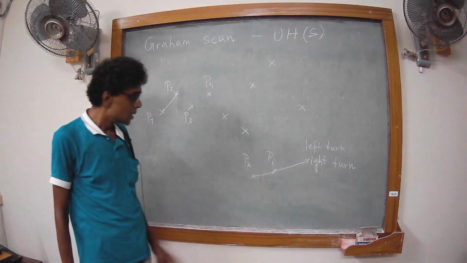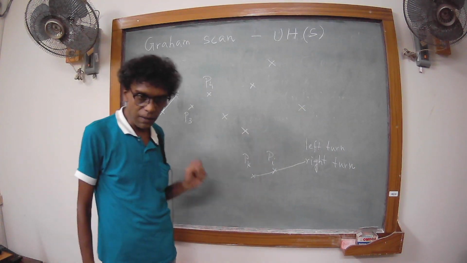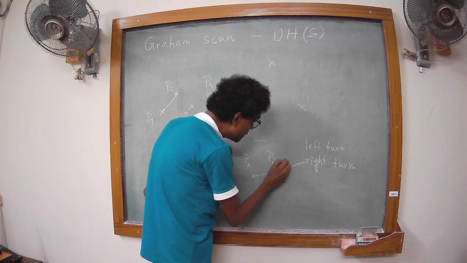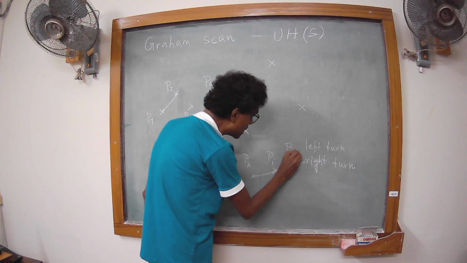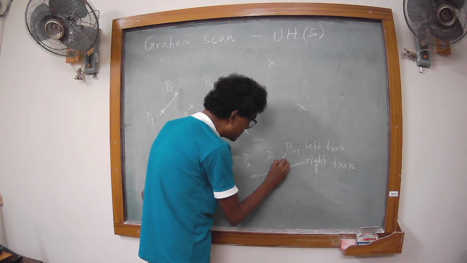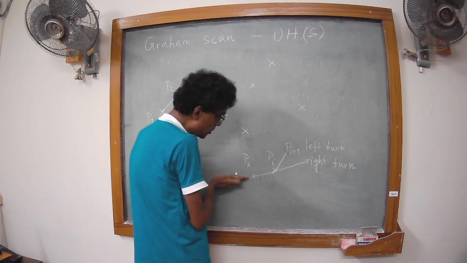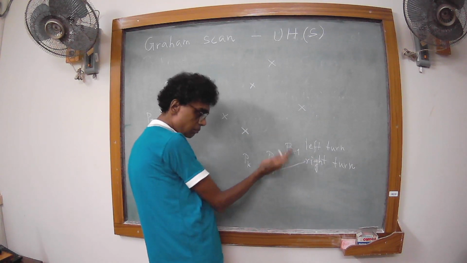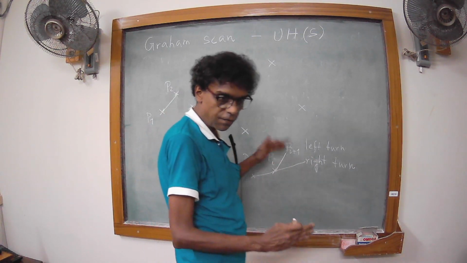Then when I consider Pi plus 1, if Pi plus 1 is somewhere here, then this is called a left turn, because you are moving in this direction and then suddenly you move toward your left.